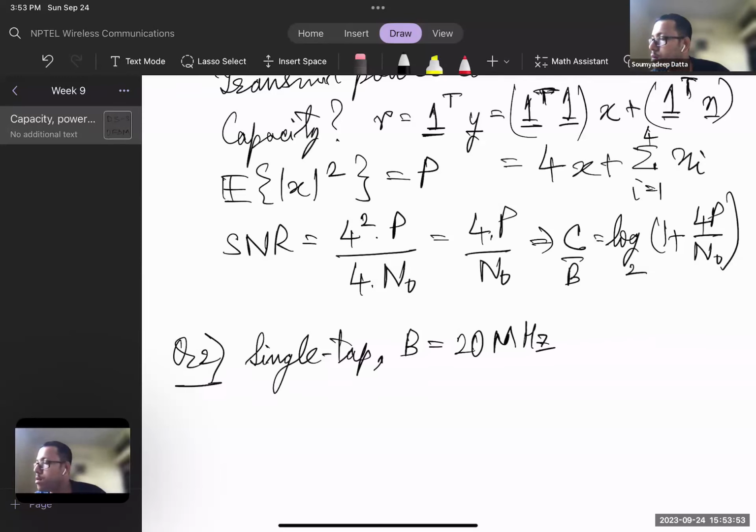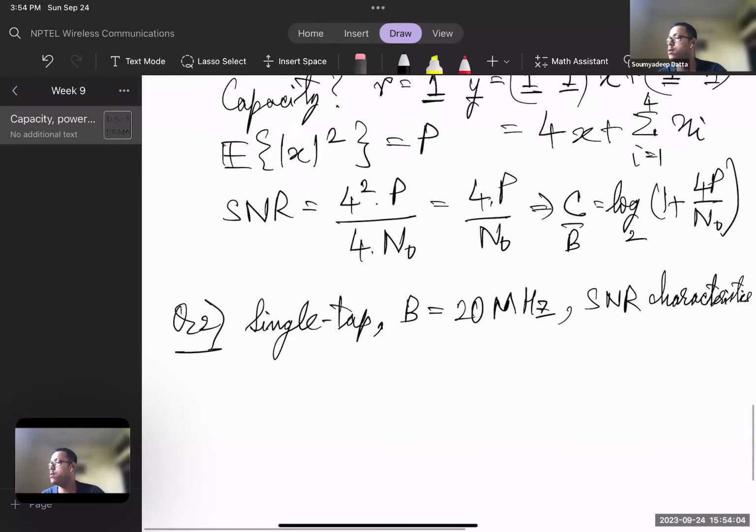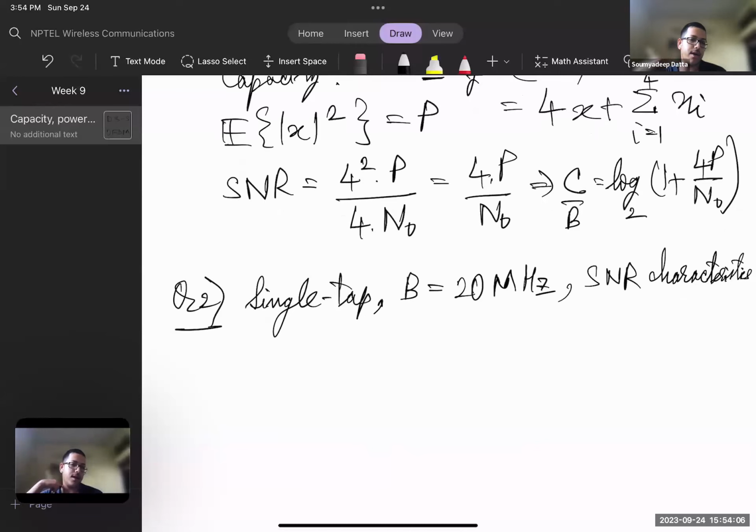And you are given some SNR characteristics. What kind of SNR characteristics? It can have an SNR gamma 1 equal to 0.5 with probability P1 equal to 30% of the time.